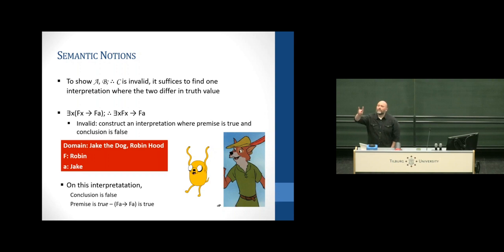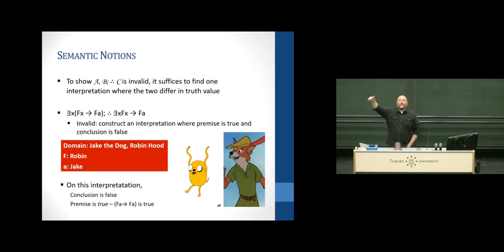Well, we only got two, so let's try them both, right? Let's try Robin. If we plug in Robin for X here, well, then the antecedent's true and the consequent false. So does Robin make the sentence true? No, right?